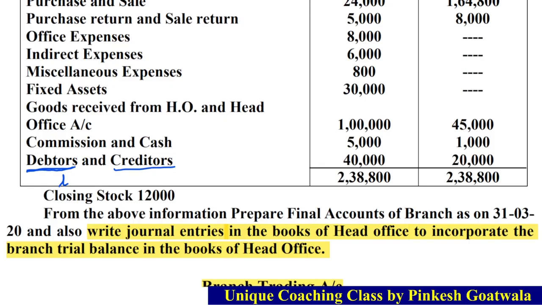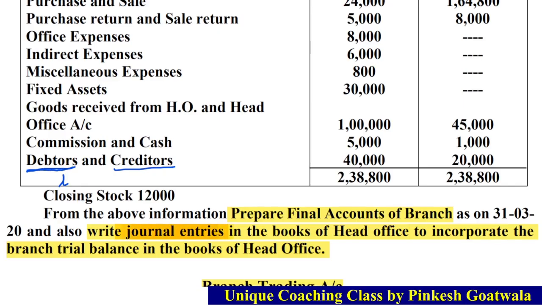So in the next video I will explain the journal entries and then we complete this question. So here we just prepare final accounts of the branch. In our next video I explain the journal entry, then we start to write journal entries of this sum. Okay, તો અહીંયા આપણે final account જ કરવાના છે. Next video માં હું journal entry પણ સમજાવીશ અને પછી આપણે journal entry કઈ રીતે લખાય તે દાખલામાં જોઈશું.